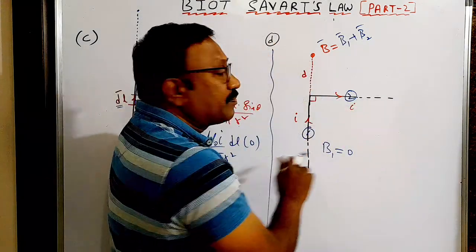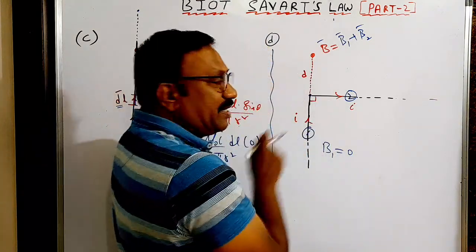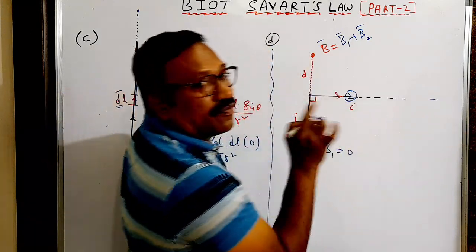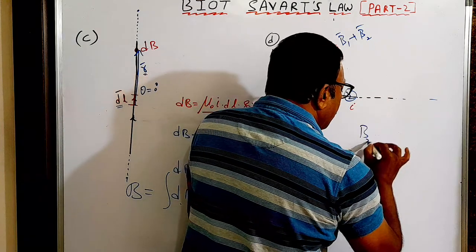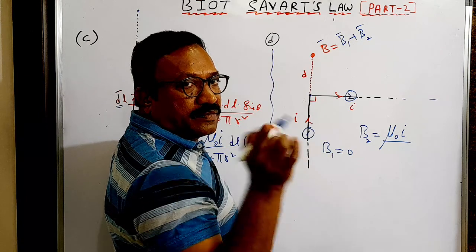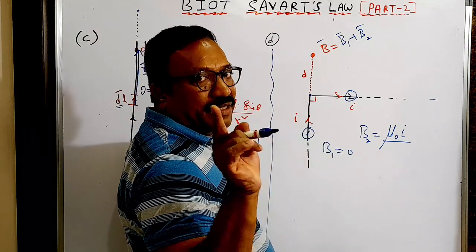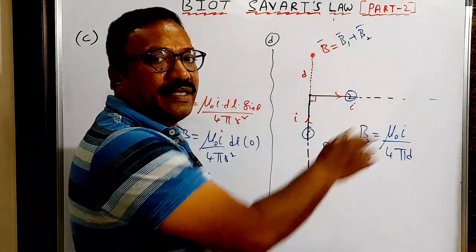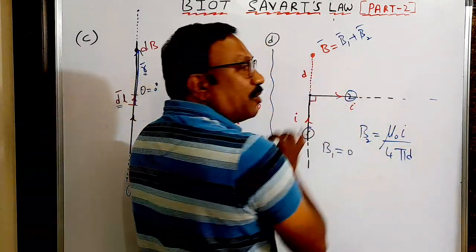Take this part. Now, this part is infinite on one side but the other side is not infinity, it ends here. So from one end of the infinite wire, at a distance d, what is the magnetic field? That is B2. Just now we did it in the previous case. Theta 1 is 90, theta 2 is 0, right? Yes. So you will get mu naught I by 4 pi d. Sin 90 is 1, sin 0 is 0, 1 into something. So this is the magnetic field due to this wire at this point.